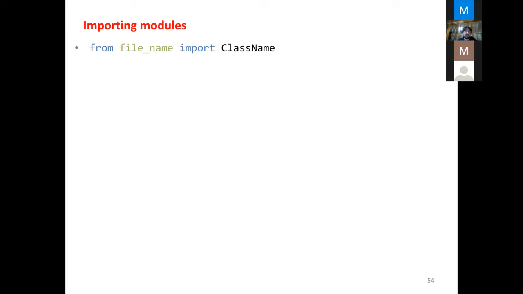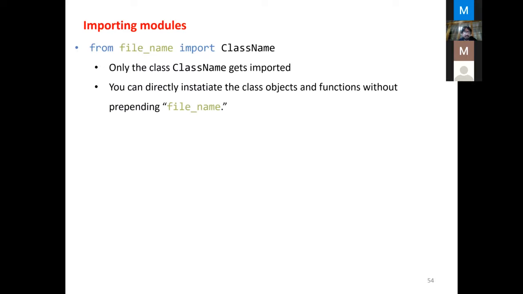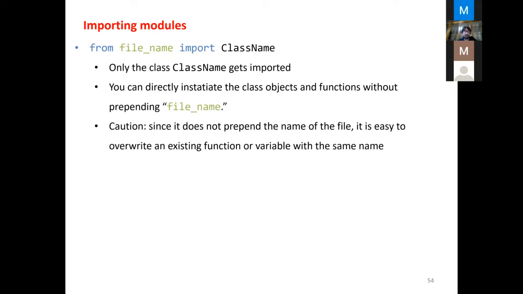Then you can import a specific class or a specific function from the file. Here, for example, you can specify the class name, and the same goes as in the previous example: you can directly instantiate an object or call a method from that class without having to prepend file name.